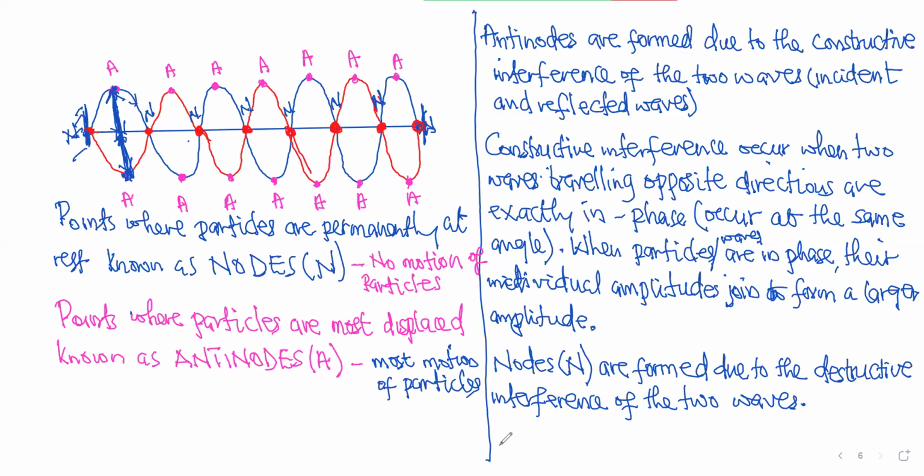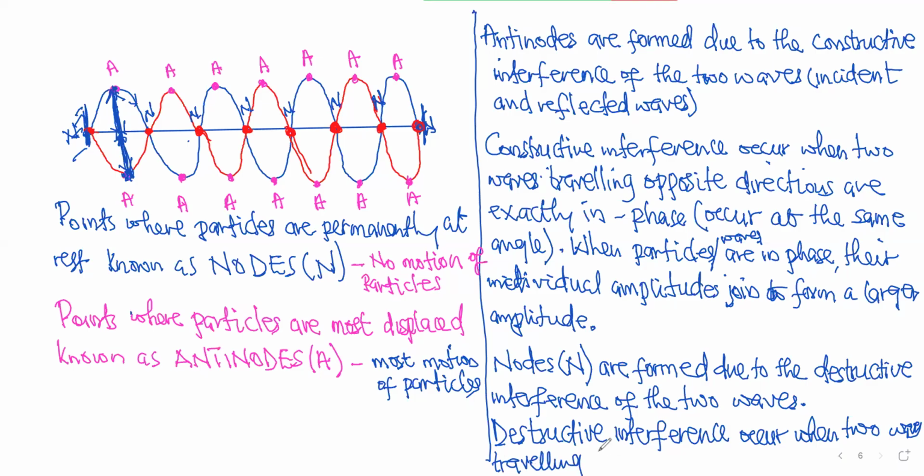Destructive interference occurs when two waves traveling from opposite directions are out of phase with one another.